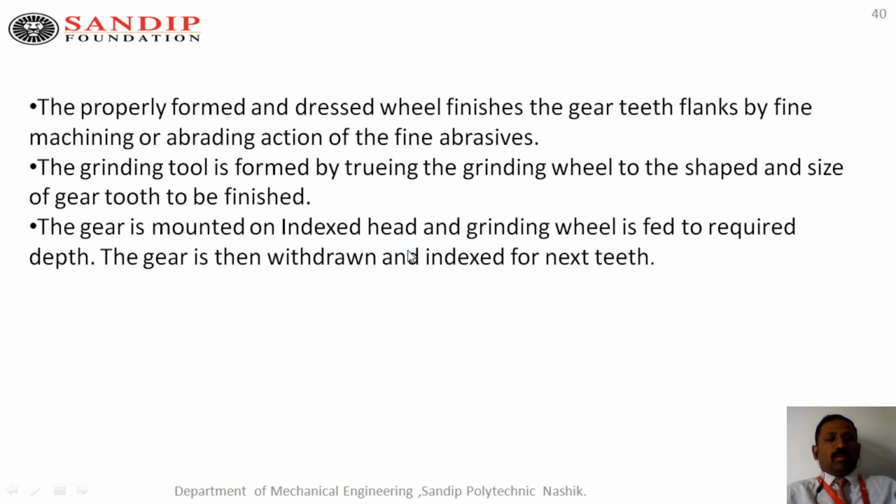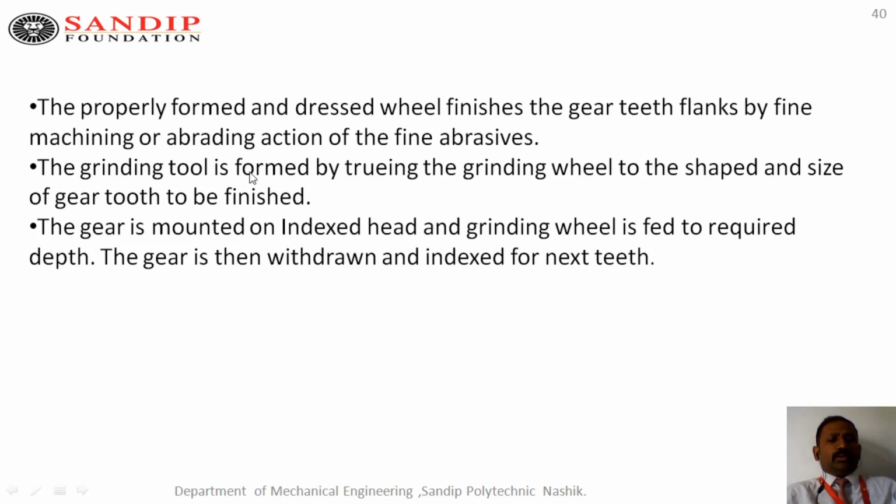The properly formed dressed wheel finishes the gear tooth flanks by fine machining or abrading action of the fine abrasive. Sometimes the wheel gets dressed to remove the raw material in the form of microns.